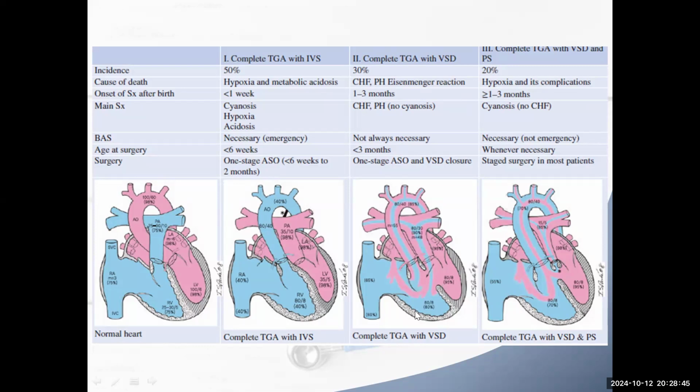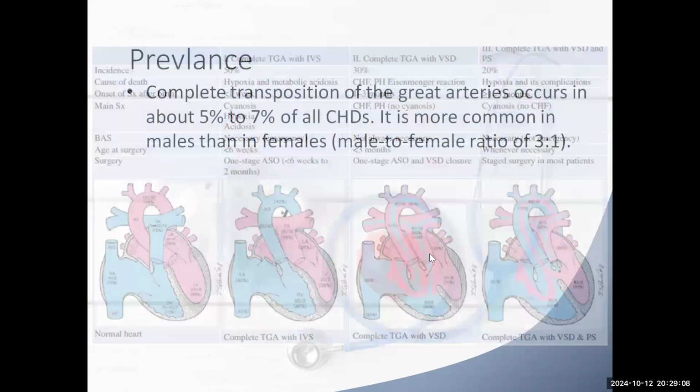Since the systemic pressure is more than the pulmonary pressure, the RV pressure here, which opposes the aorta, will be more than the LV pressure, which is the pulmonary pressure. So blood will go from the right side to the left side to the pulmonary artery, causing pulmonary congestion.